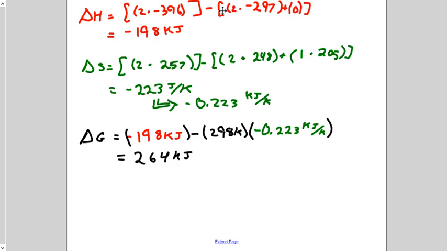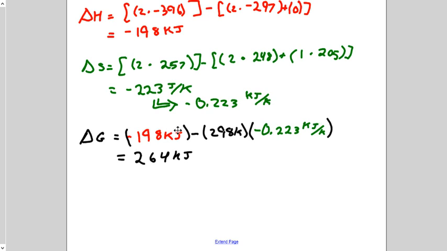So products minus reactants for delta H gives us delta H for this reaction of negative 198. Products minus reactants for delta S gives us negative 223 joules per degree Kelvin. But if we have kilojoules here, we also need kilojoules in this value. So we have to convert that and then plug it in. So when we're solving for delta G, delta H has to be in kilojoules, or will probably always be in kilojoules.